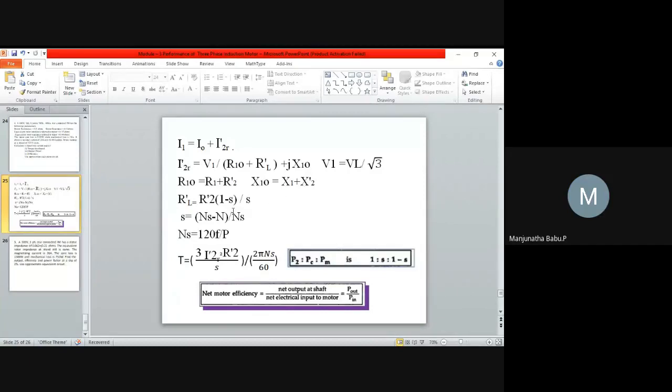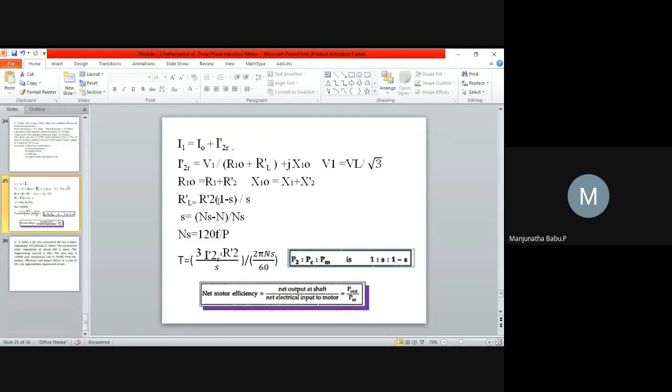Okay. So now substitute in the RL dash formula. That is R2 dash, already we know. That is 0.15 is R2 dash into 1 minus 0.03 divided by 0.03. 0.35, sir. Which one? RL dash. No. You must have the calculator.